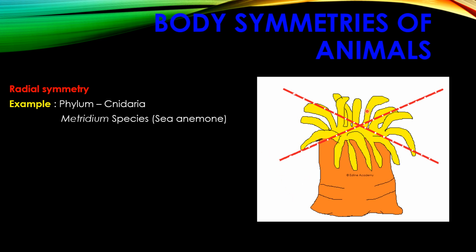Metridium or sea anemone has a column-shaped body, and around the mouth it has several tentacles. If we cut this animal along any of these axes, we are able to get two identical halves.